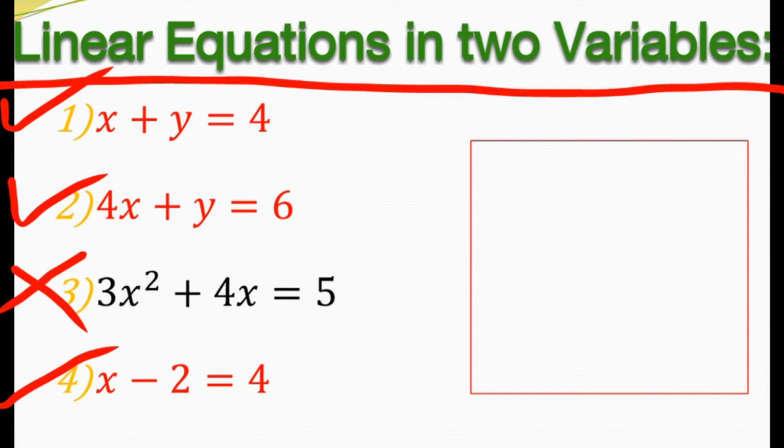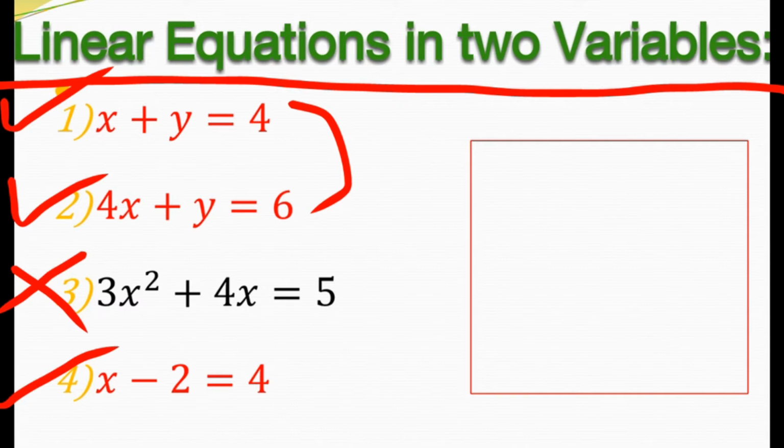In examples 1 to 4, the variables are x and y. The first example contains variables x and y, the second example contains variables x and y, that is, terms with two variables. So examples 1 and 2 are linear equations in two variables.